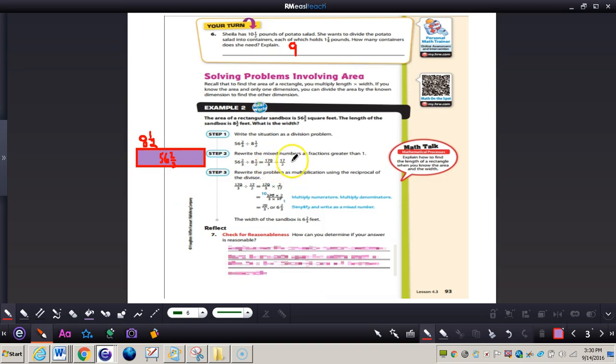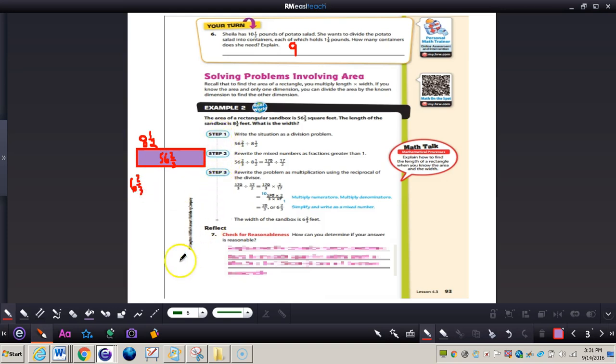You can take the reciprocal of that 17 over 2, and then you can see they multiplied: 170 over 3 times 2 over 17. You can see there was some simplifying going on. So now you have the answer of 20 over 3, or 6 2/3. So that means the width would be, I'll just write it over here, 6 2/3.